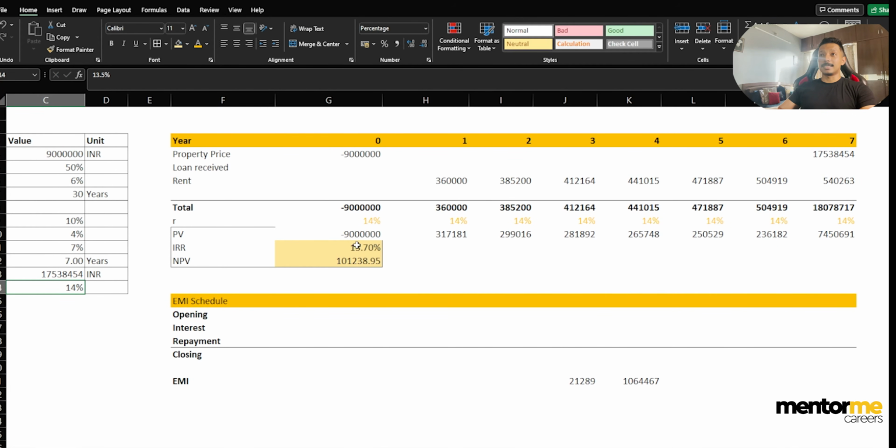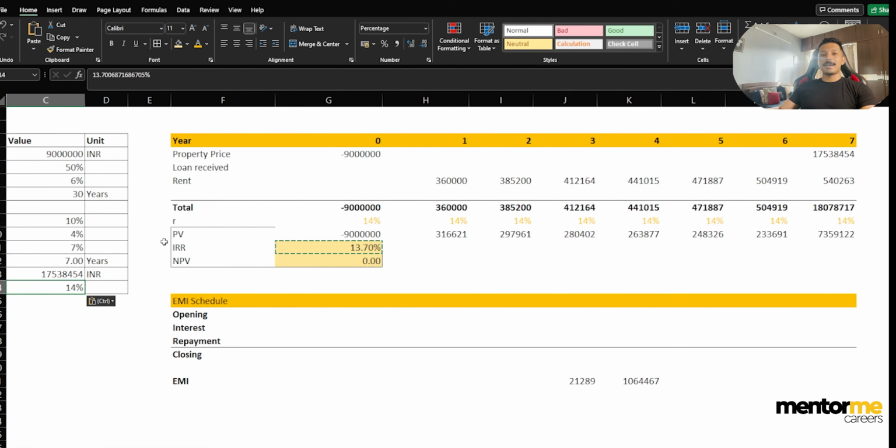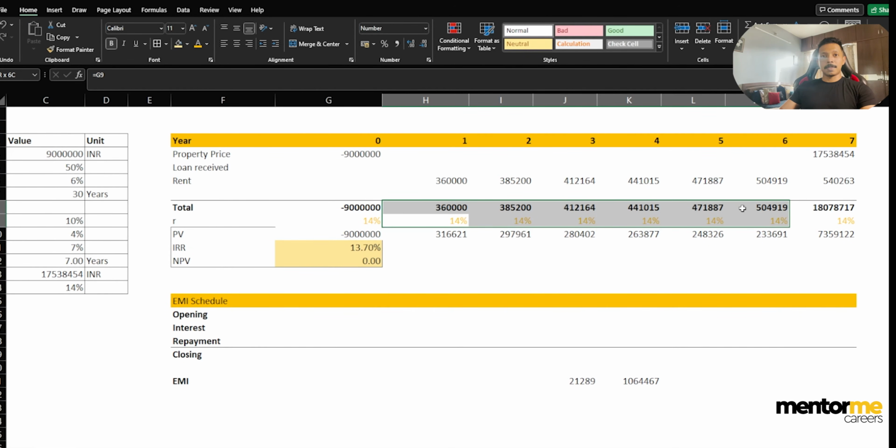Now, if I put the exact value I got here into my rate, there you go, my NPV becomes 0. So this is the average rate at which it is equalizing the initial investment to the future cash flows. And that probably is the rate of return, which is what the IRR is telling us.